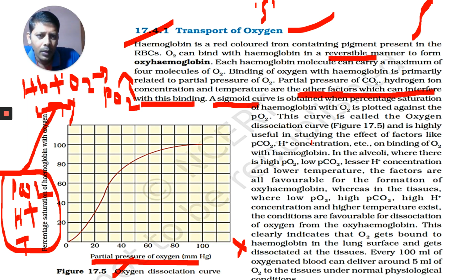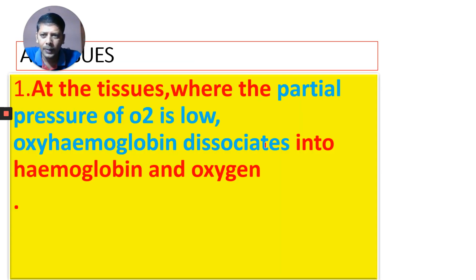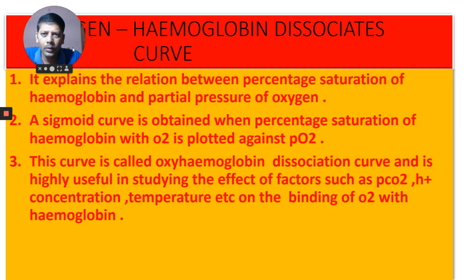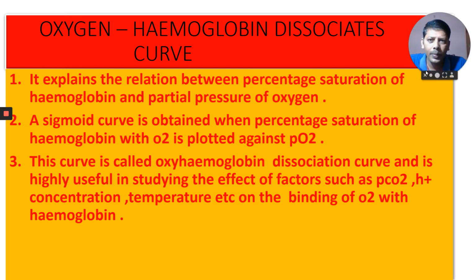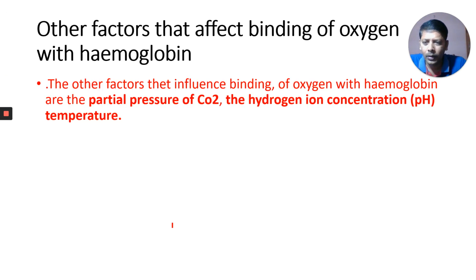Observe here. What do we call this curve? The oxygen dissociation curve. This curve is also called the oxyhemoglobin dissociation curve. As per the NCERT textbook, this is the other name for it.